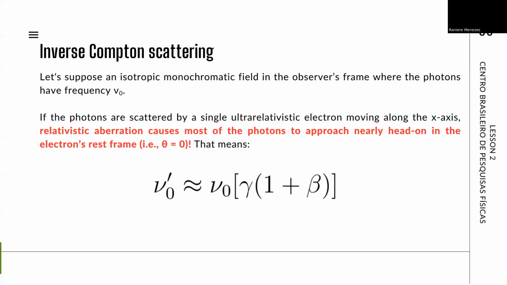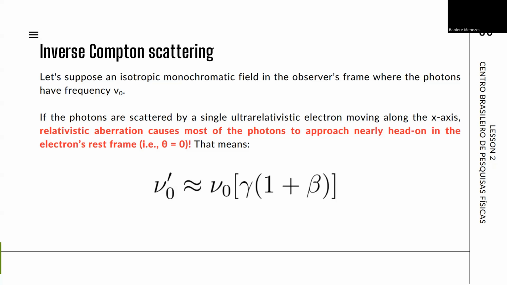Based on what we saw in the previous slides on the beaming. I'm assuming the electron is relativistic. So what looks like an isotropic distribution of photons in the observer's frame, in the electron's frame, will be coming from the direction of the movement of the electron. That beaming effect that I showed you, it serves for emission or for receiving, for how it sees the world, okay?